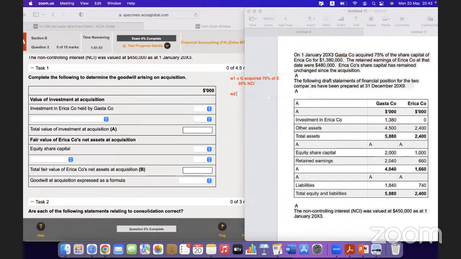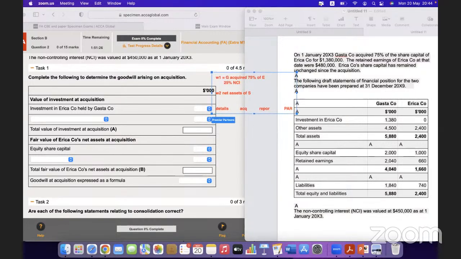Now guys, working number two. Normally working number two goes like this. Net assets of subsidiary. So we have some columns like this. First we have details. Then we have at the acquisition date. Then we have reporting date. And then we have PAR. So guys, what is PAR? PAR means post acquisition reserves.